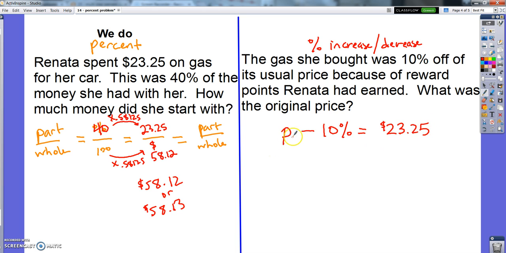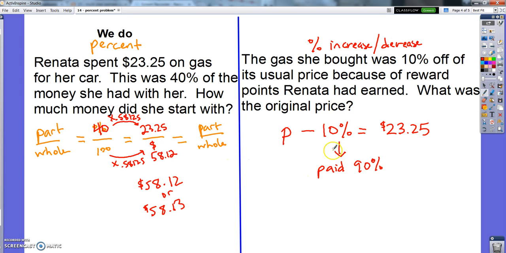And so we've got to figure out what the original price was. One of the strategies we learned before was to think of it this way. If she saved 10%, that's the same as she paid 90% of the original price.